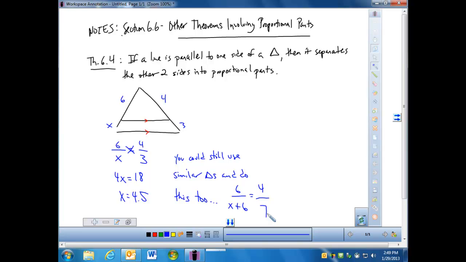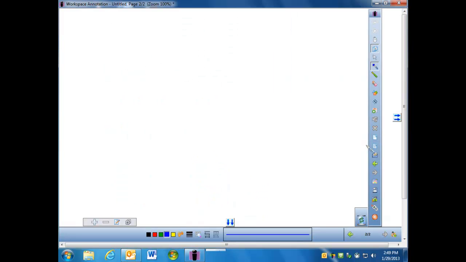So I'll draw a picture for you. I'll give you some information. I'd like you to push pause on the video and, either working by yourself or with a partner right now, work on trying to solve this problem for the two variables. I'm going to give you an x and a y in this problem. So again, here's your two parallel lines, and now here are your various pieces of information.